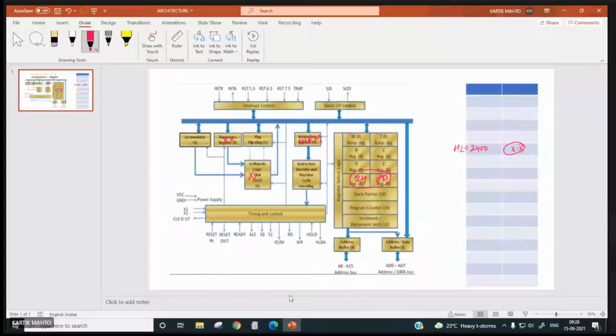Then XX plus 1 will be done and the result copied to temporary. Then HL will be put out again, pointing to this location, and XX plus 1 will be put out from here, the write signal made low, so XX plus 1 will be stored over here.